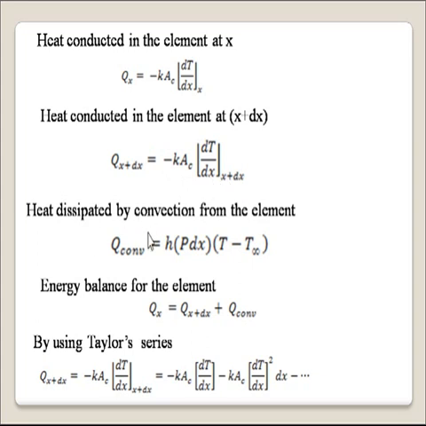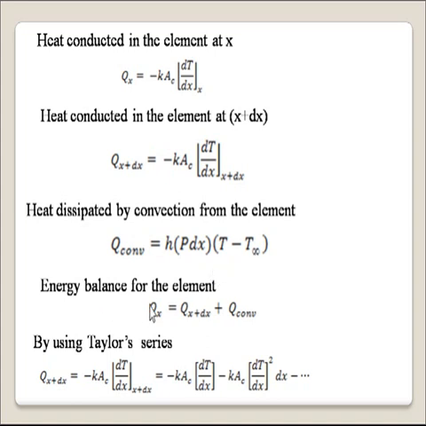Heat dissipated by convection from the element, q convection, equals heat transfer coefficient into surface area of the element, which is perimeter into thickness of element, into temperature of the element minus fluid temperature. So q convection equals hp dx (t minus t infinity).